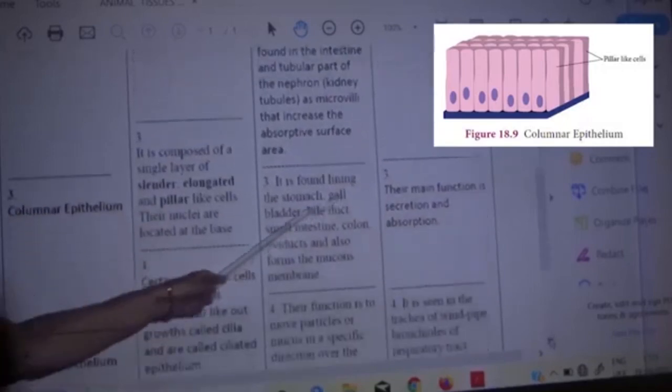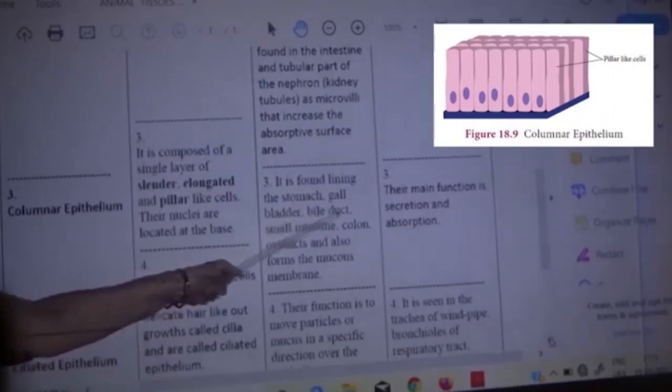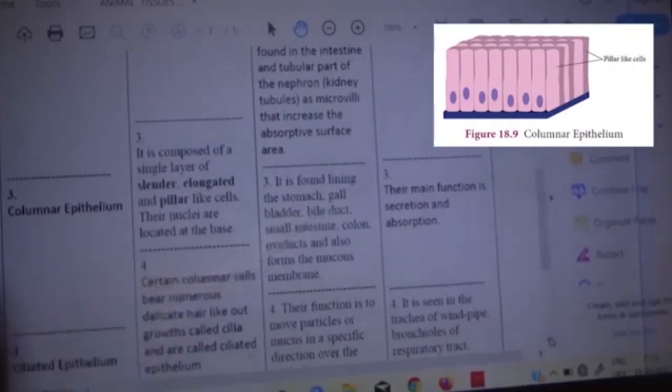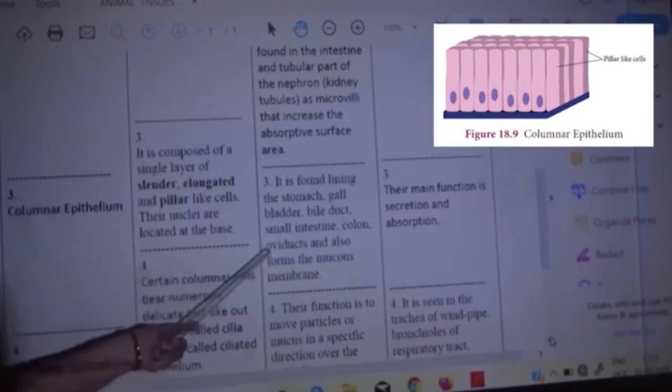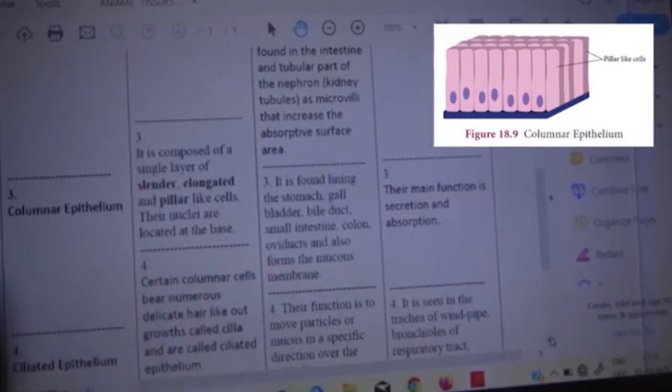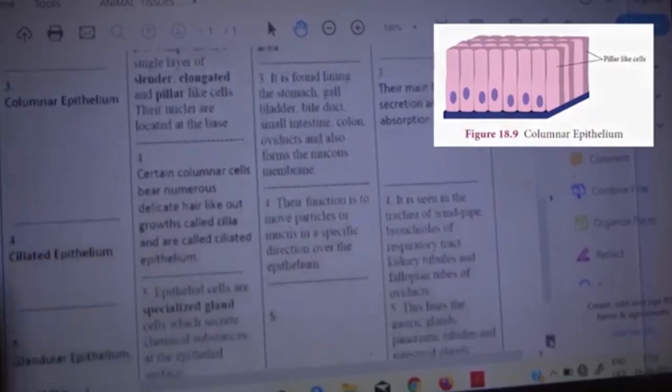It is found lining the stomach, the gallbladder in the liver, where the bile juice is temporarily stored, the small intestine, the colon, and the digestive organs, and the oviduct in the female reproductive system. The oviduct is also known as the fallopian tube. The main function again is secretion and absorption.